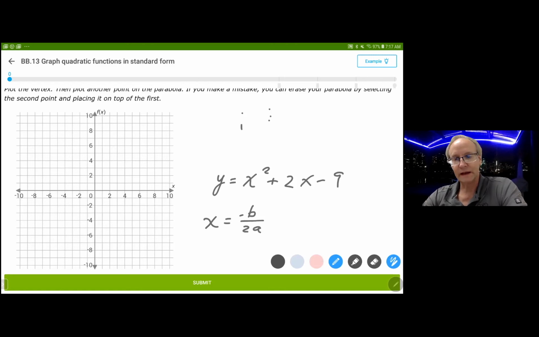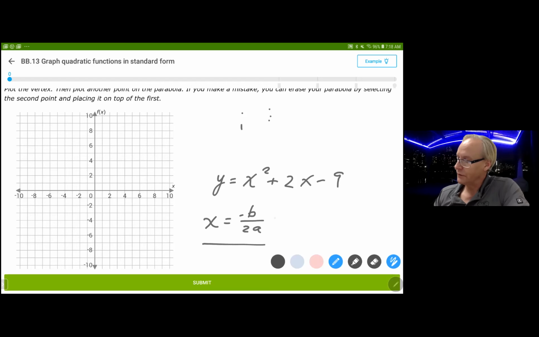We say that this is the symmetry. This is literally the line of symmetry for this parabola. And it just so happens that when x is equal to negative b over 2a, then the y value that we get for that will give us the point where the vertex is located.